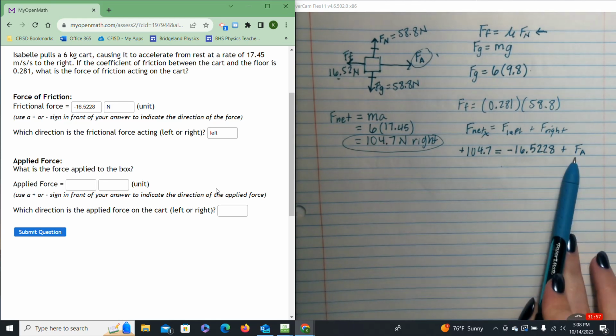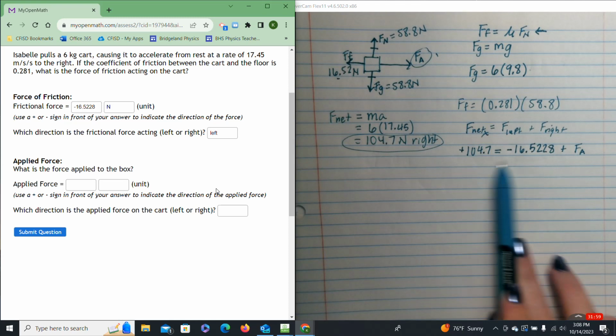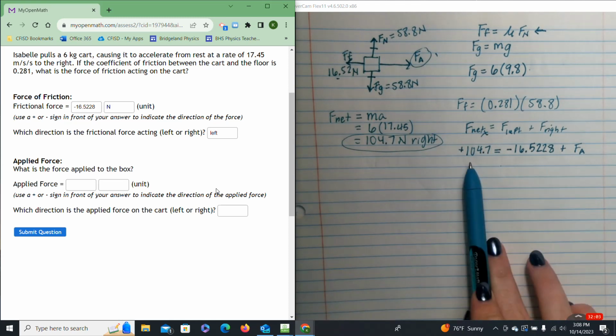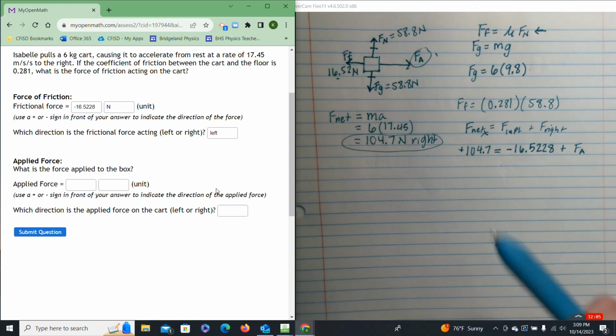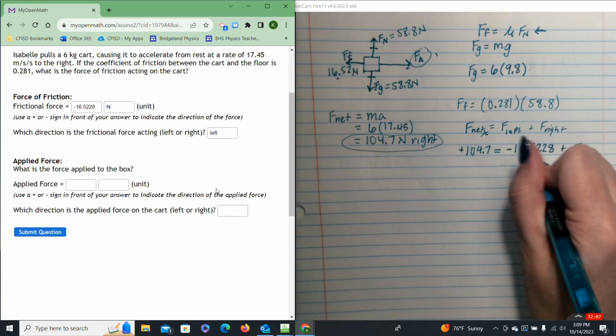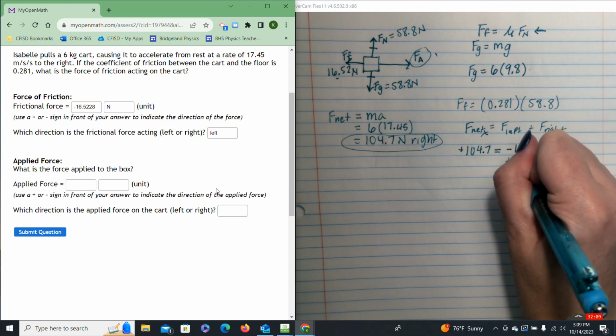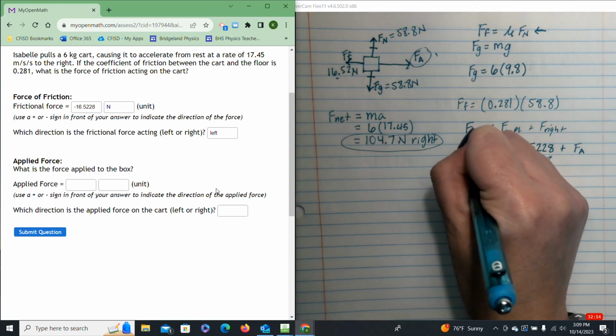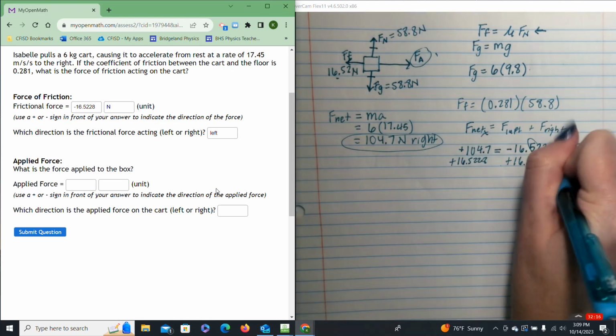Again, if I want to solve for this, I need to get this over here. Right now, I'm adding this negative number. So I need to subtract that negative number, or again, add 16.5228 to both sides. That's going to cancel it here.